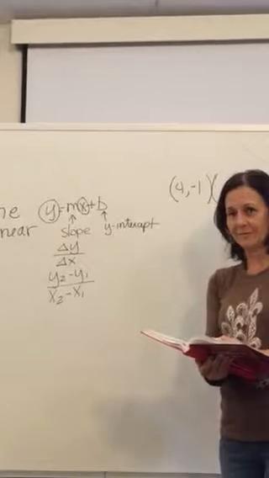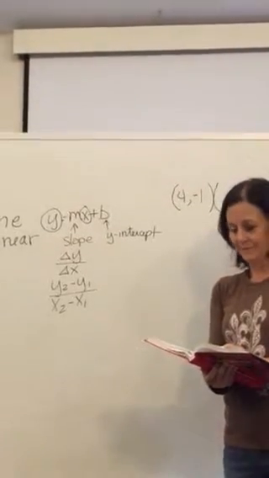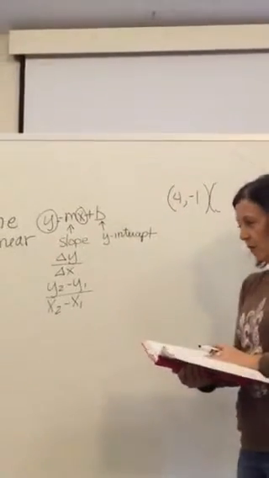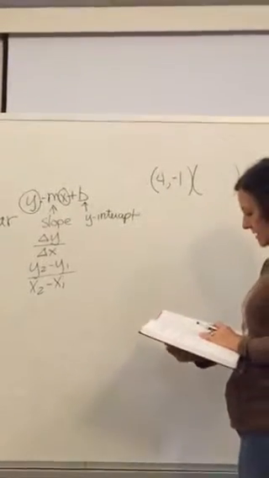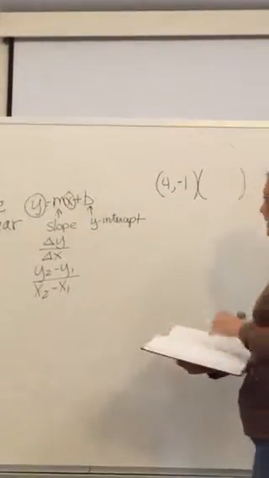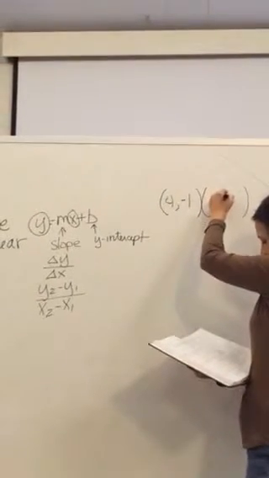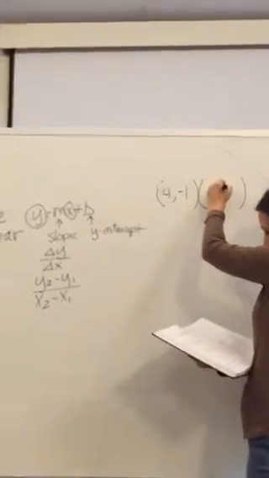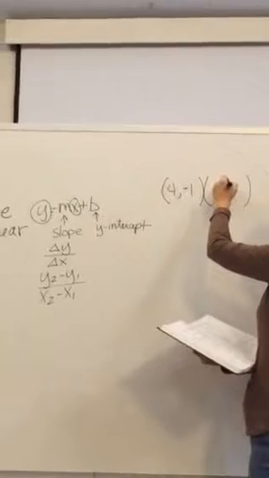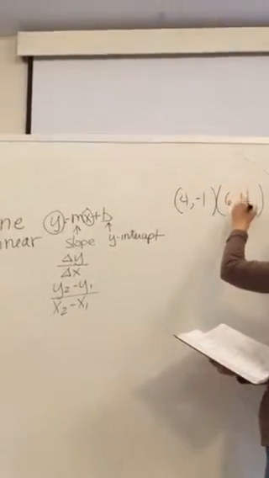You got the easiest one. Easy, 4, -1. Look up. How about 6? 6 and what? 4. You see that one? Does everyone see 6, 4?